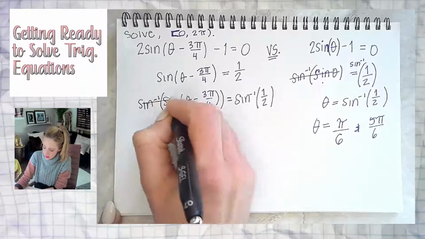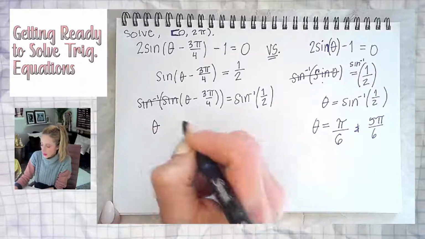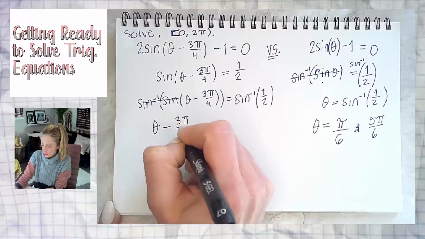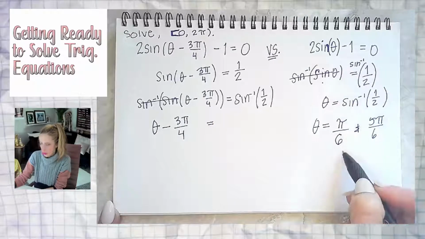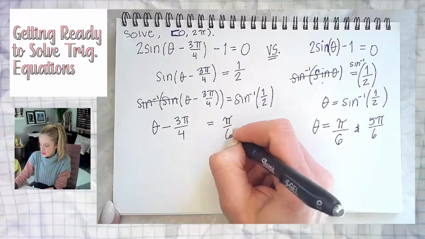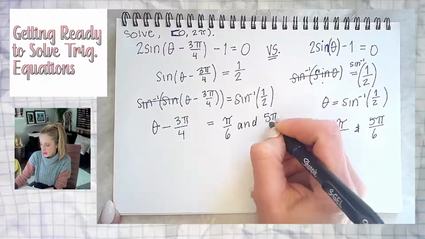Then these are gone. And instead of being left with just theta, we're really left with theta minus 3 pi over 4 equals, and this we just did over here. We know it's two different answers: pi over 6 and 5 pi over 6.